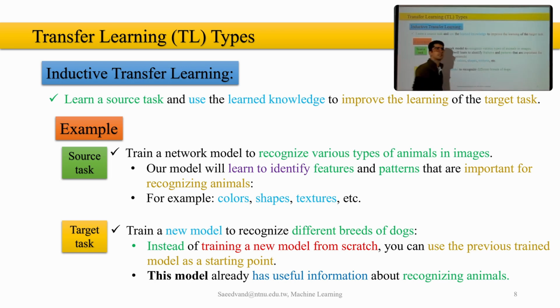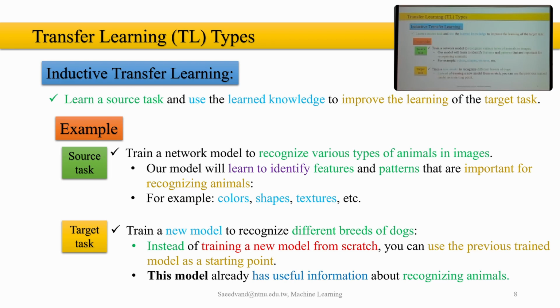Now you can think about it. I give you a problem and say, okay, go train a model to recognize different breeds of dogs. You can go and train your model from zero, but we can instead use transfer learning and use the model that we already trained for animals. It already extracted the features, patterns, colors, shapes, and textures from animals, and we maybe think that can be useful for our target task.